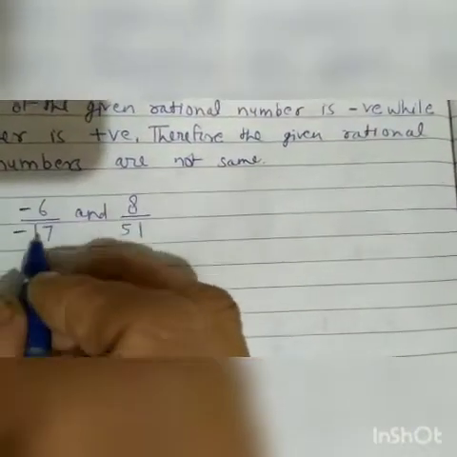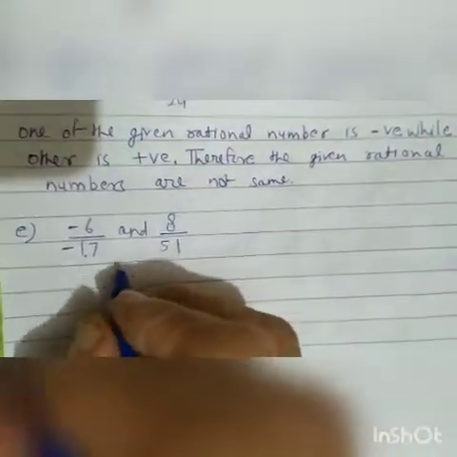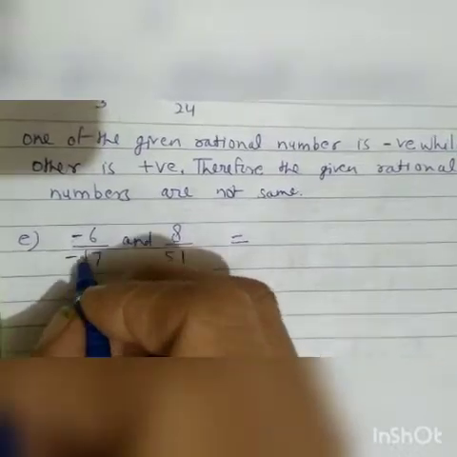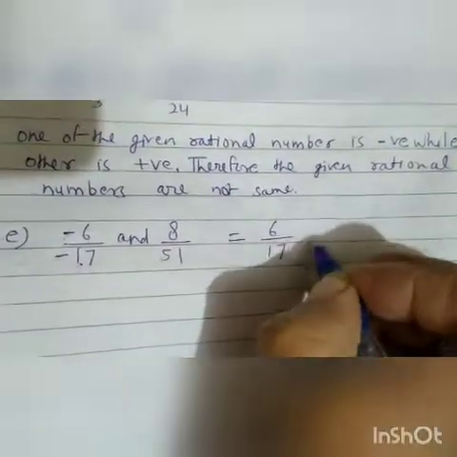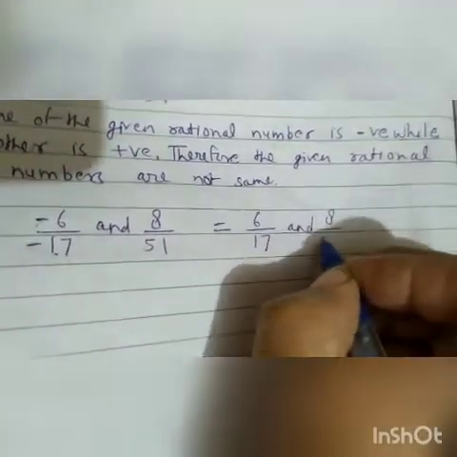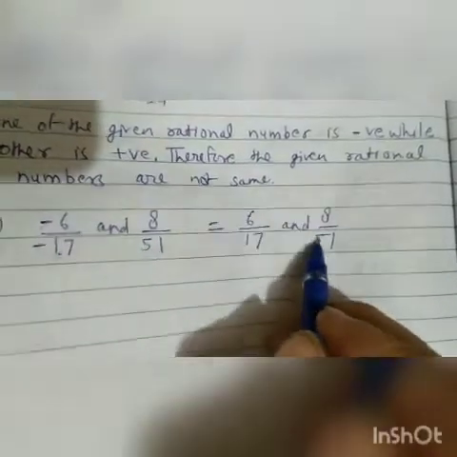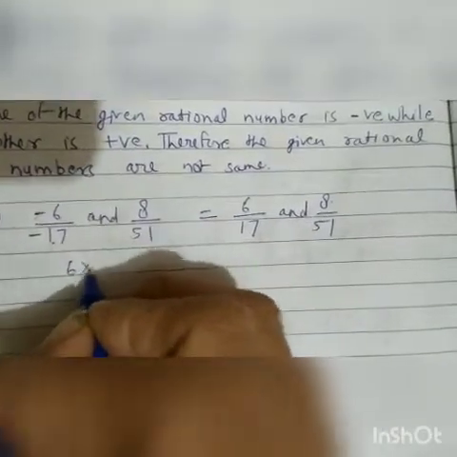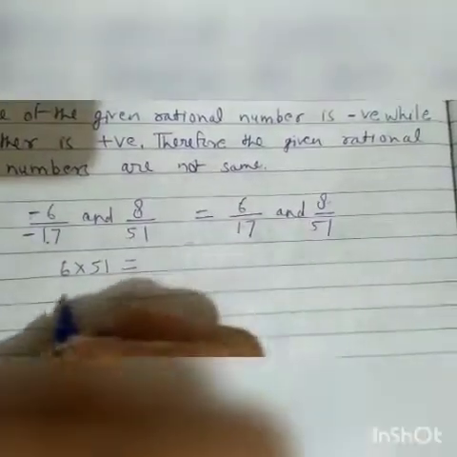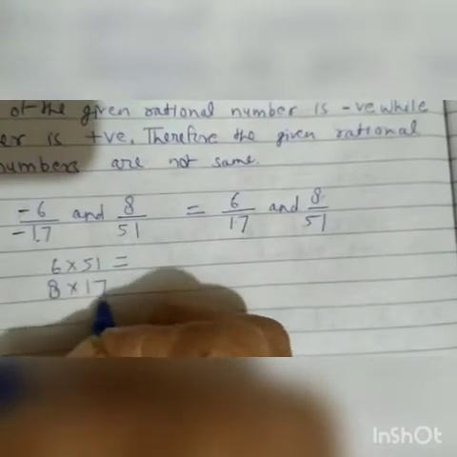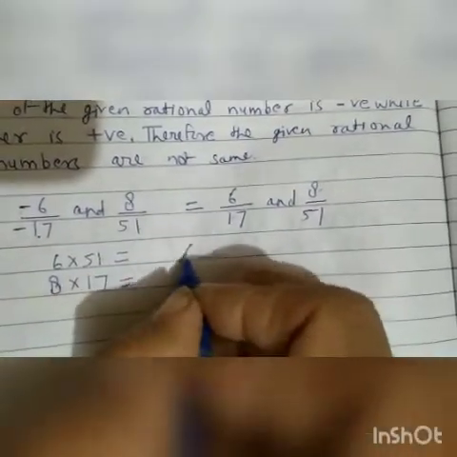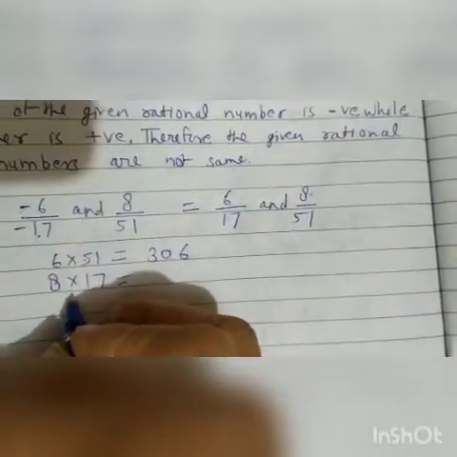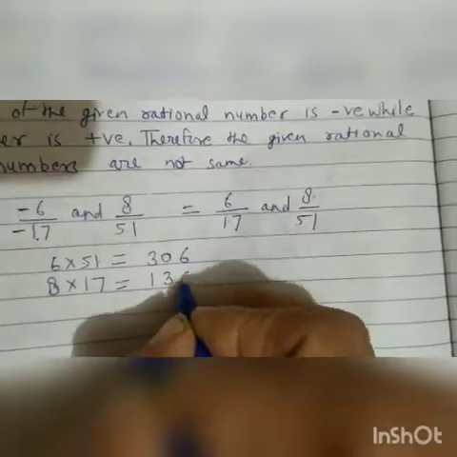Next part, minus 6 upon minus 17 and 8 upon 51. Students, here we can cancel this minus with this minus, so it will be 6 upon 17 and then other is 8 upon 51. Now we will do cross multiply again. First we will write 6 into 51, then 8 into 17. Do multiply, 6 ones are 6, 6 fives are 30, then 17 eights are 136.